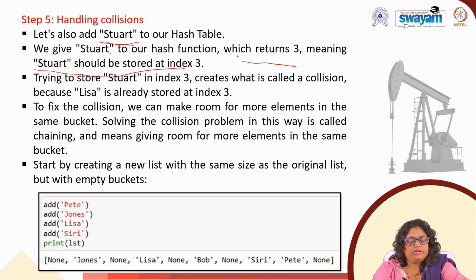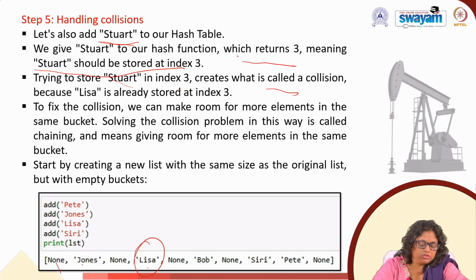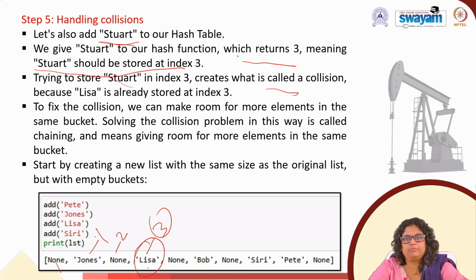When we try to store at index 3, it creates what is called a collision, because Lisa is already present at index position 3. So this is 0, 1, 2, and this is 3. The 3 is already occupied by Lisa. So when I am passing Stuart, it returns the index 3 and it should go and get placed here, but it is a collision situation we are facing here.